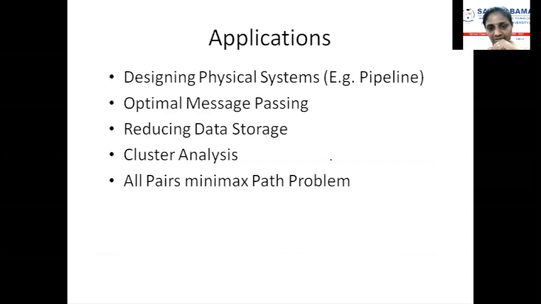I gave you an example of applications, but here is a quick recap. When I design interconnection of a number of physical systems, I have to find the best route covering all those systems, so I will use a minimum spanning tree. When you send messages on a network, you want to find the optimal path of message passing, for which you need this minimum spanning tree.